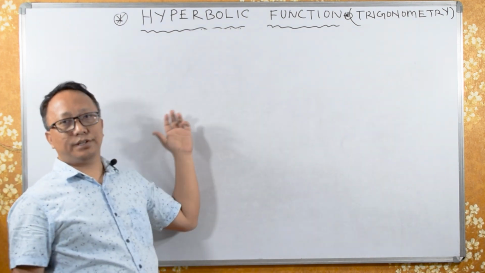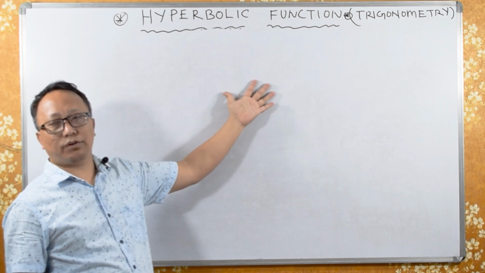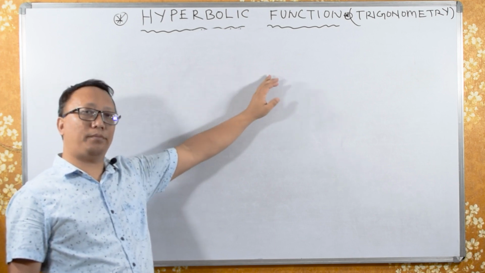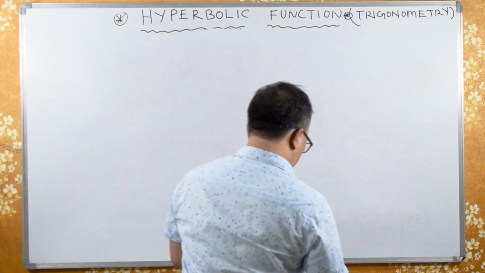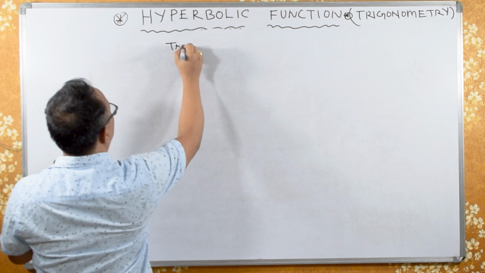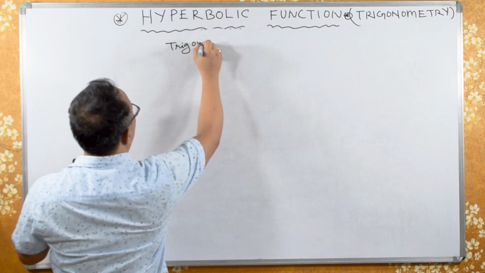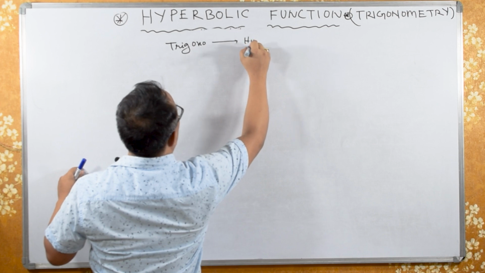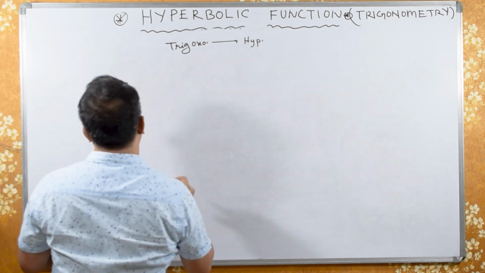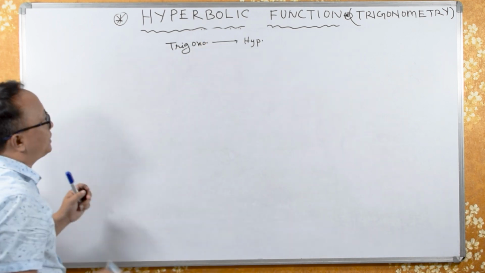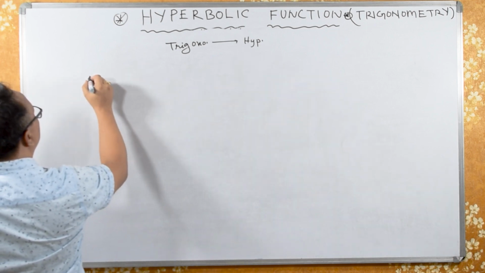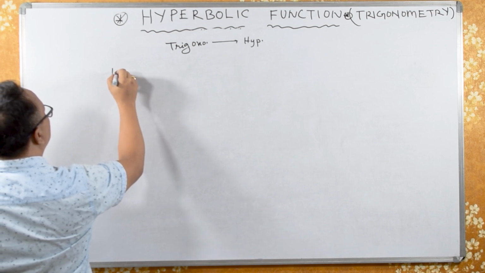Now let's discuss most of the trigonometric formulas and how to write them into their associated hyperbolic functions. The standard formula for trigonometry, and its hyperbolic counterpart.